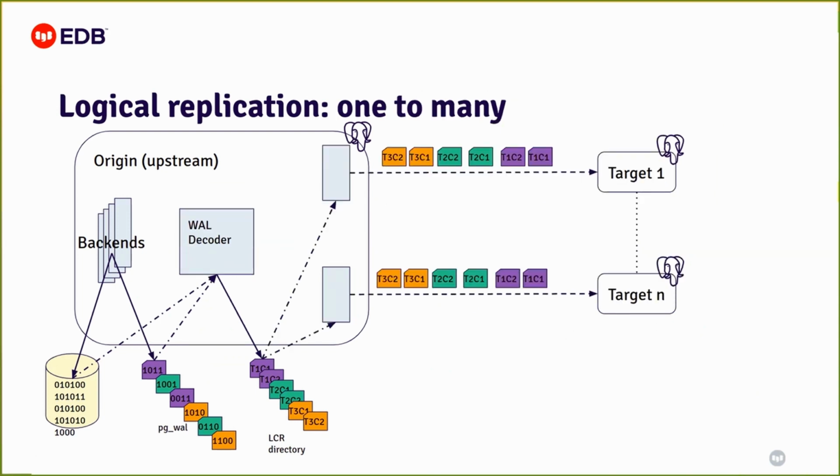So if there are many downstream nodes, there are so many WAL senders, obviously on upstream, but all of these WAL senders are reading from the same stream of LCRs and sending it to the downstream nodes, thus reducing load on CPU and also on the disk.